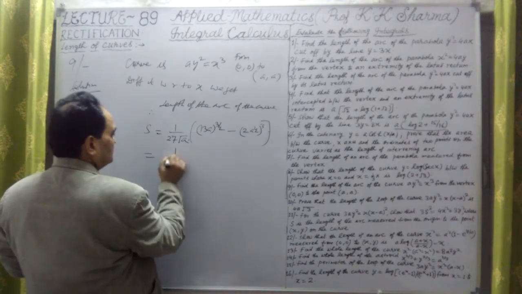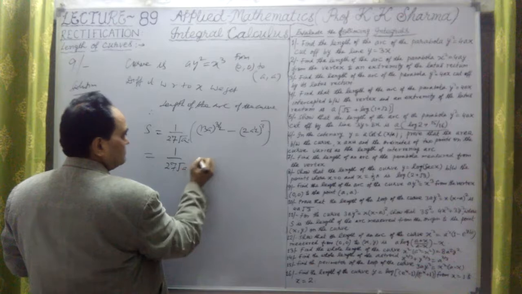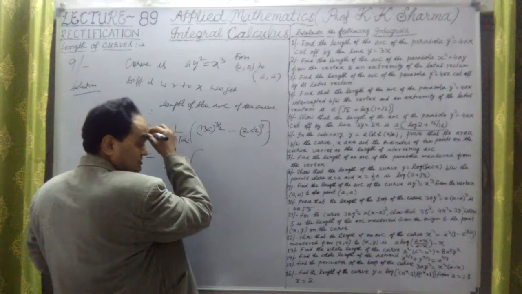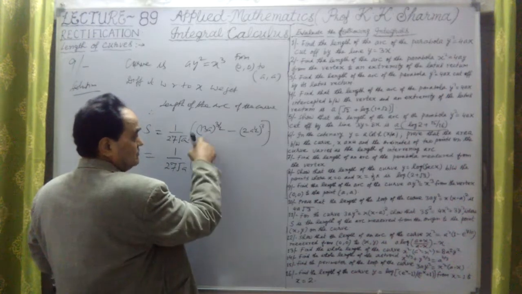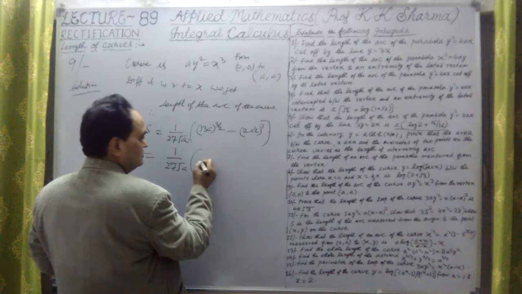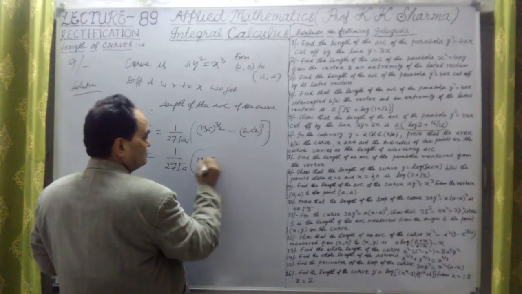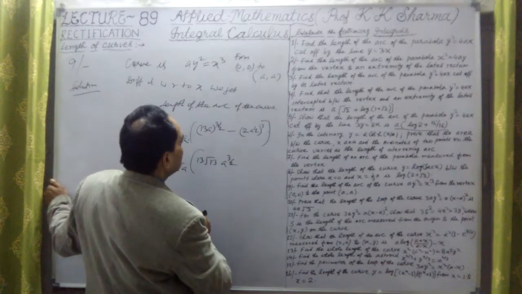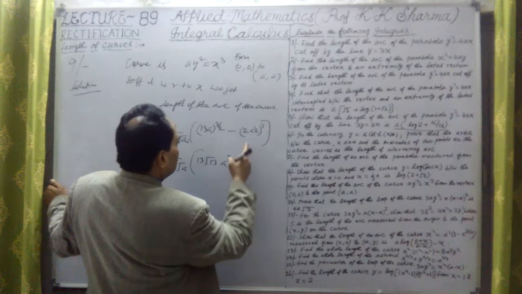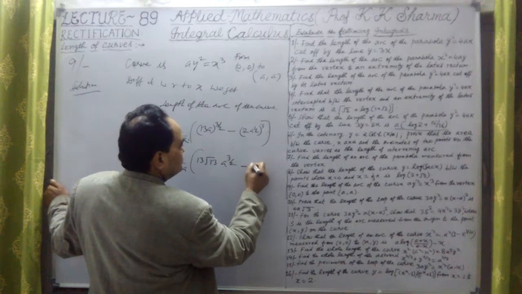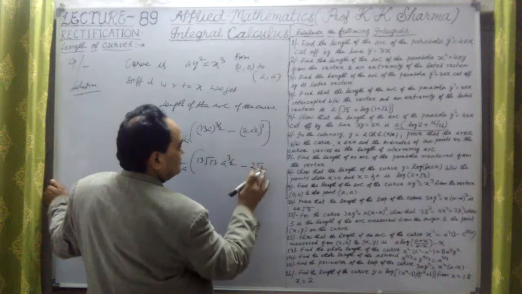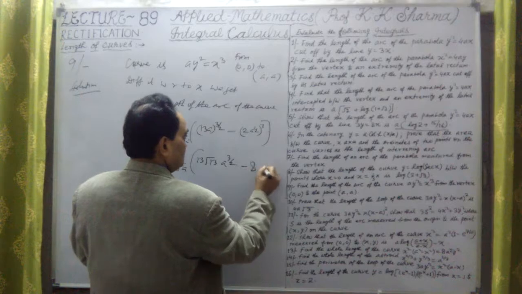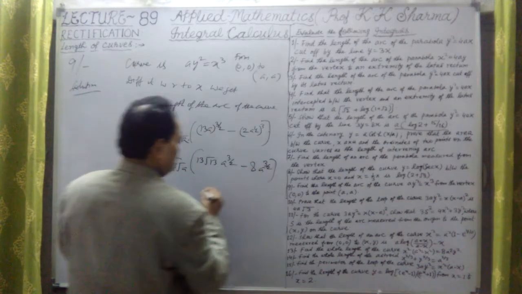Now further solve it, 1 by 27 under root a, then bracket, now first cube of 13 will come out, and 13 root 13 is a raised power 3 by 2, and minus sign, 2 cubed is 8, so it is 8 into a raised power 3 by 2.